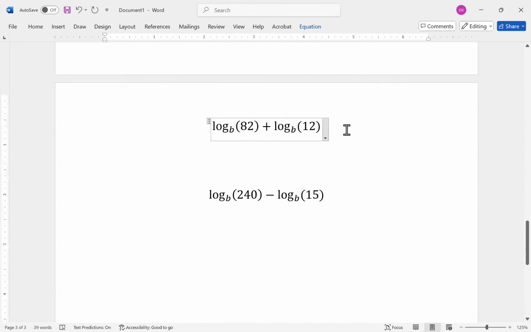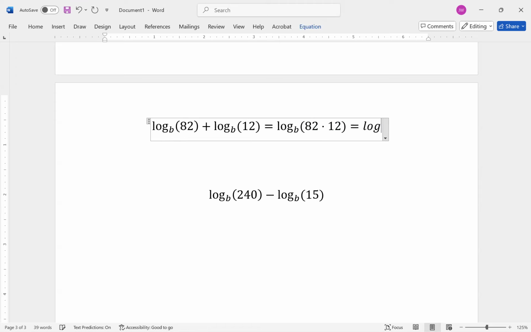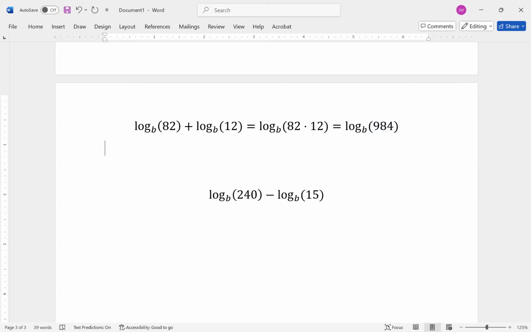So this is going to be equal to the log base b of 82 multiplied times 12. So as a single expression, that's log base b of 984. Again, that's just a straightforward application of the product rule.